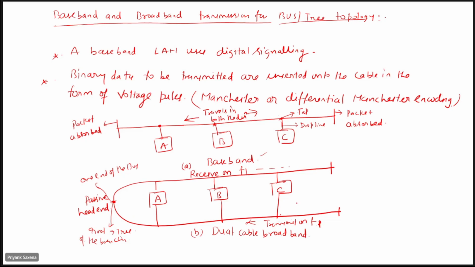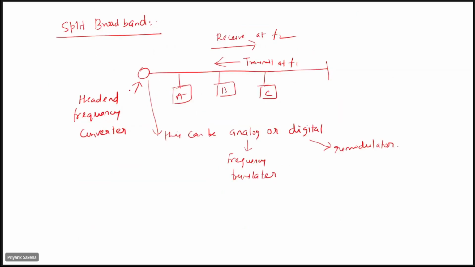But it depends on where exactly we have to use it, because the split broadband, which is the other one, uses a frequency converter at the head end. The station transmits at one frequency and then it goes to the head end, where we have a frequency converter. That converts the frequency to the receiver frequency, and we receive the data at another frequency.